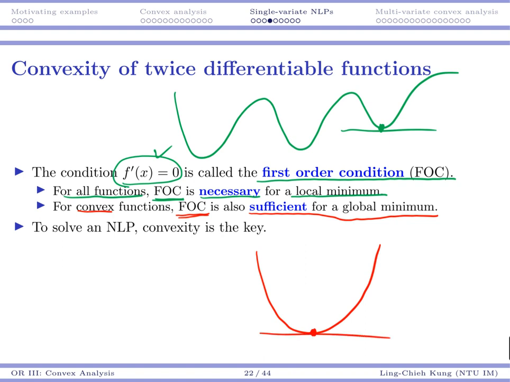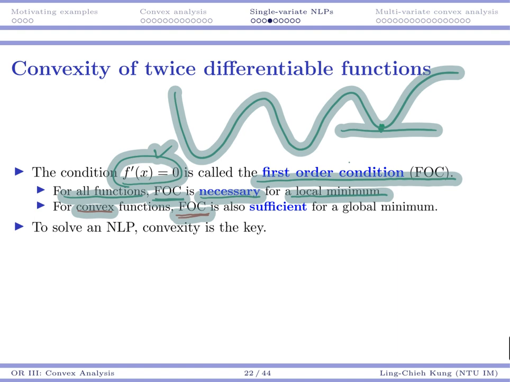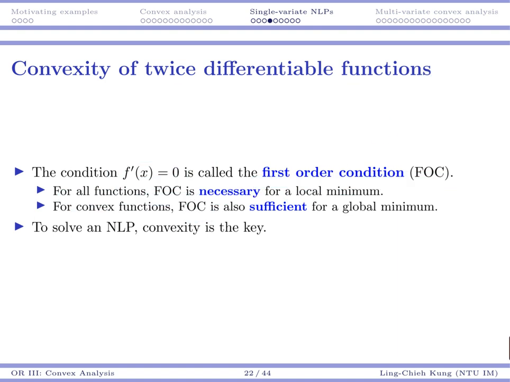Okay, it becomes sufficient. So if we have a convex objective function, and we are able to show that it is convex, then it would be really nice and help us a lot in solving an NLP, in finding a useful solution.